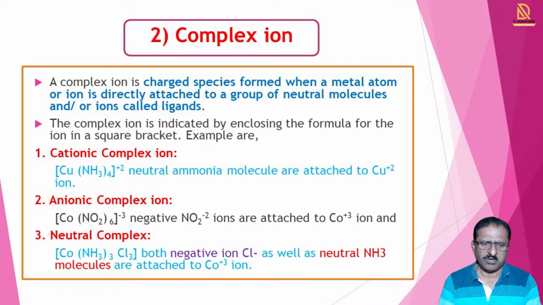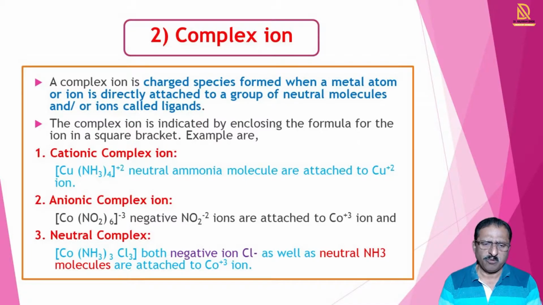The charge on the cobalt is +3 and the total charge on the complex ion is negative, and so this complex ion is called an anionic complex ion.